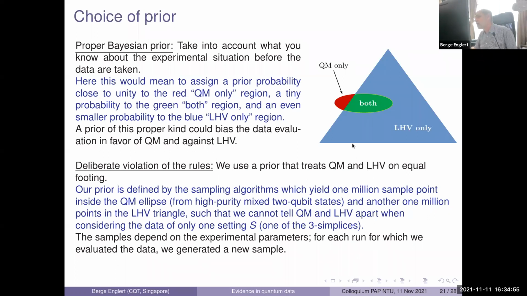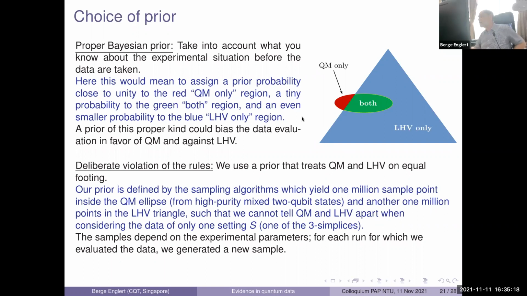Okay, so the prior, let me just describe it in simple words. Basically, it has a lottery which generates, say, 1,000,000 points in the ellipse, and it also generates 1,000,000 points in the triangle.